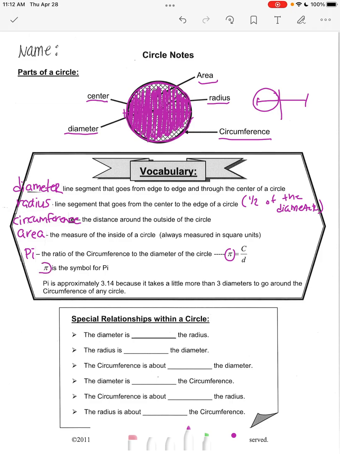Okay, and then again, that symbol is the symbol for pi, and we will need that also. Pi is approximately 3.14 because it takes a little more than 3 diameters to go around the circumference of any circle. Okay, so when we see pi, we're going to use 3.14.